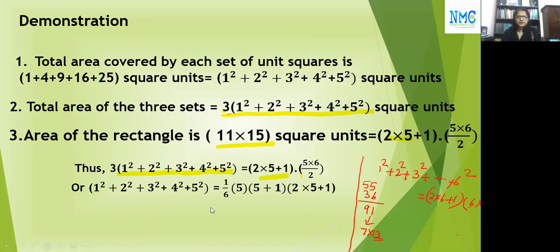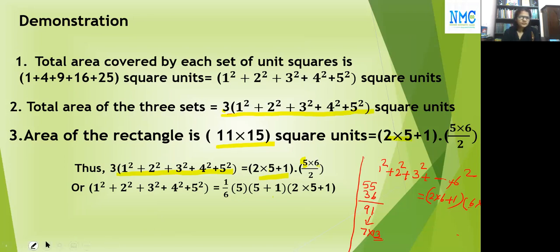So 1 square plus 2 square plus 3 square plus 4 square plus 5 square can be written as 1 by 6 of 5 into 5 plus 1 into 2 into 5 plus 1.